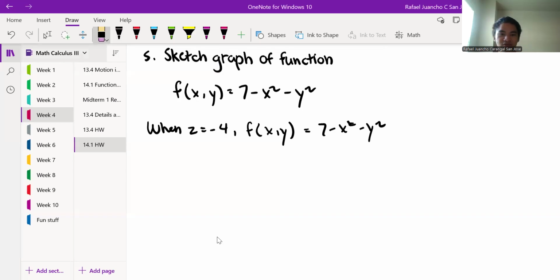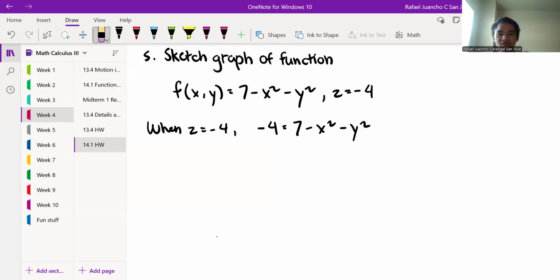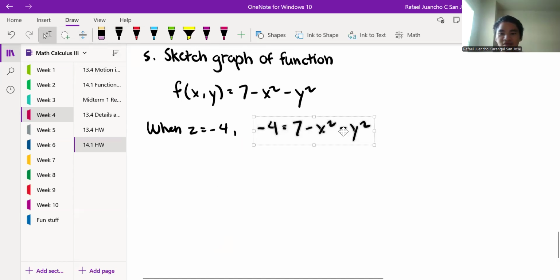Yeah, I totally forgot that. Yeah. So when my z is -4, well, this is -4. So here we actually forgot that when we're looking at 3D, we have to put some condition here that z is some value k that we don't know, right? So that's actually there, -4 equals my f of x, y.